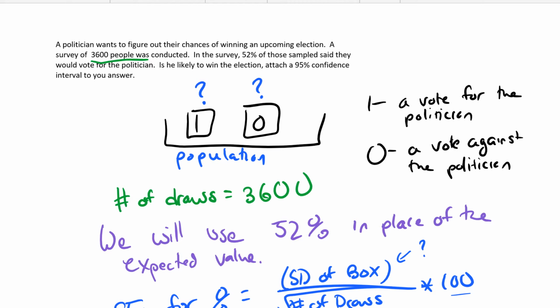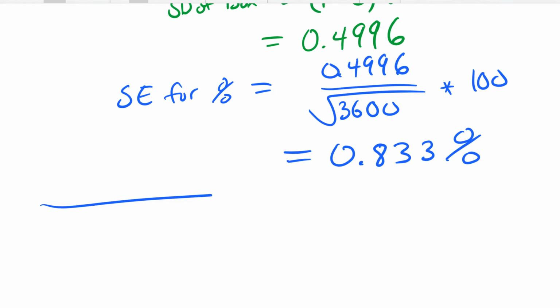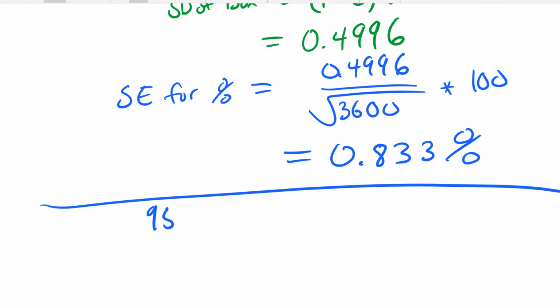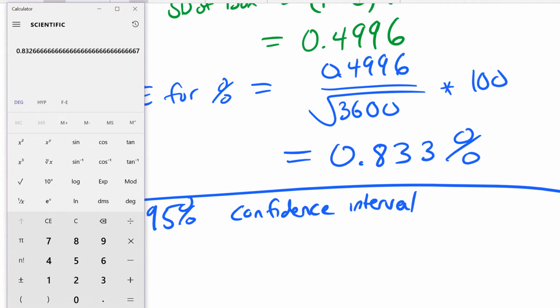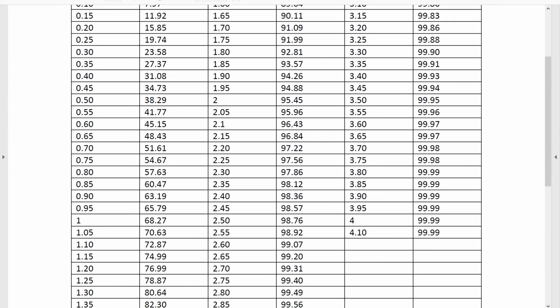So the question is, will he win the election? And we want to attach a 95% confidence interval to justify our answer. Now if we go to the normal curve table and we look for the number closest to 95, it's right here, 95.45% is associated with z equals 2.